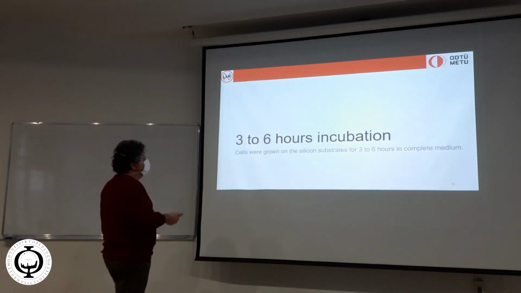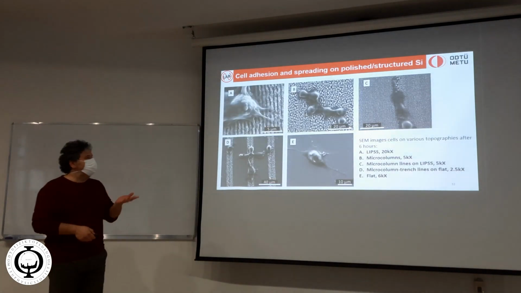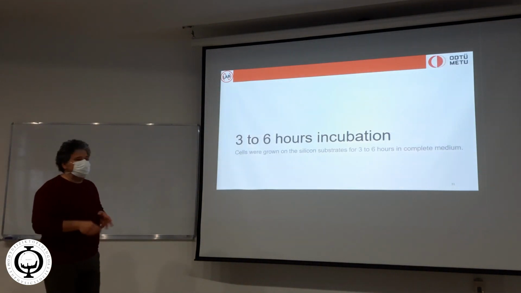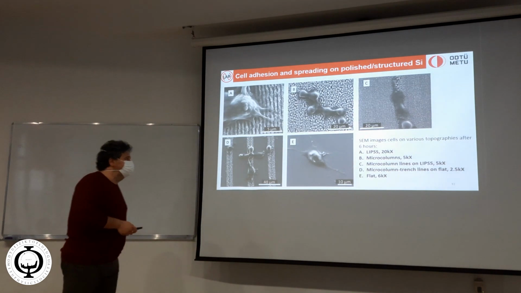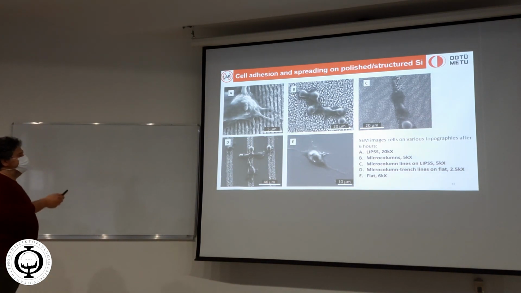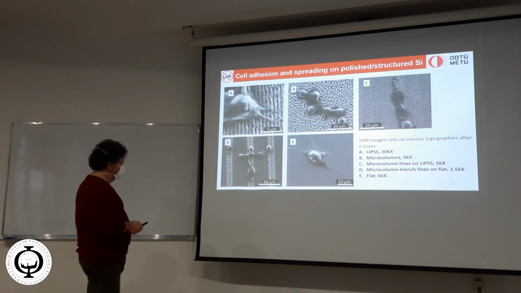And we studied on different maturity levels. 3 to 6 hours is their early phase of development. We see several SEM images of cells grown on such surfaces.